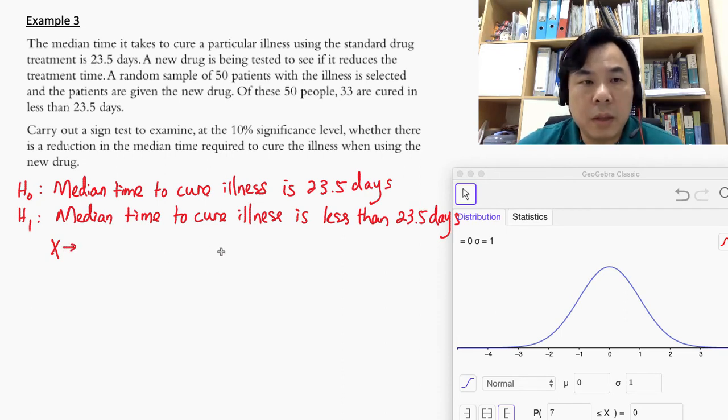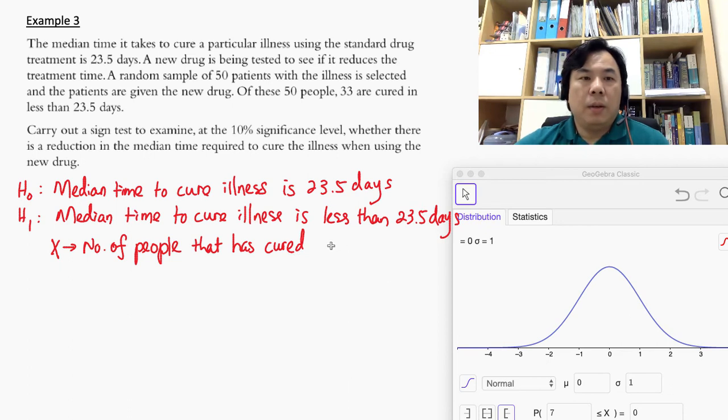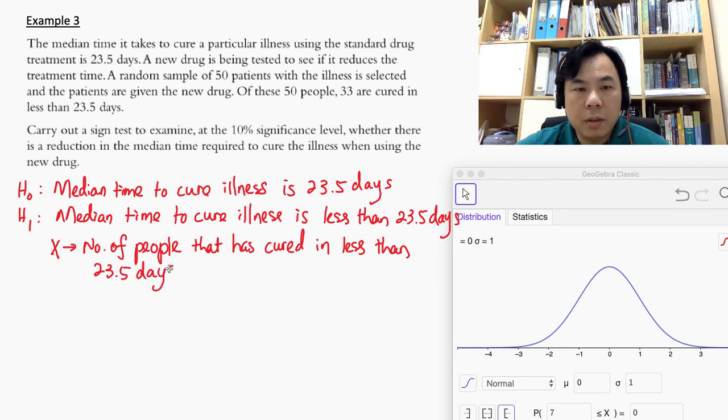The x represents the number of people that have been cured in less than 23.5 days. That is why it's x.